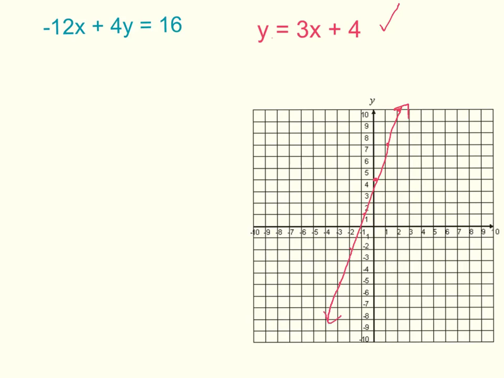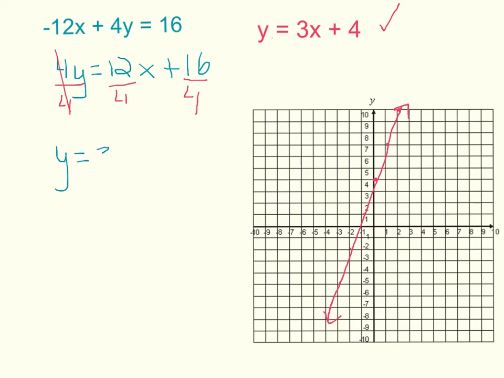So graph the line, and now I just need to solve the other one. I'm going to add 12x to the other side, so 4y equals 12x plus 16. And now I'm going to divide everything by 4. So y equals 12 divided by 4 is 3x, and 16 divided by 4 is 4.